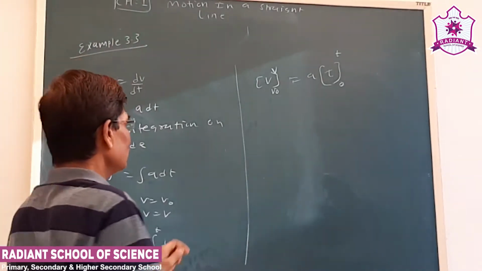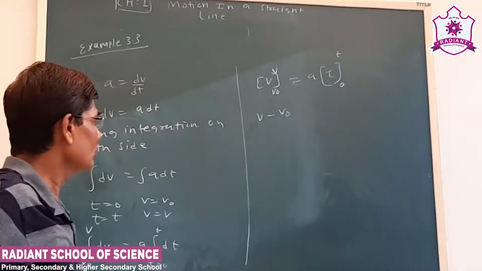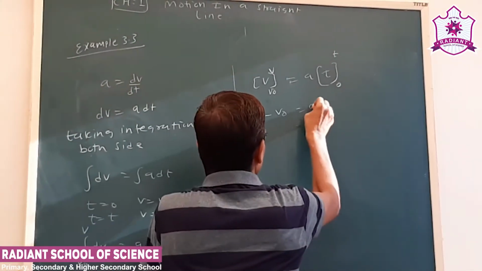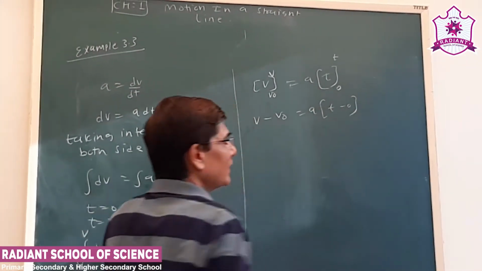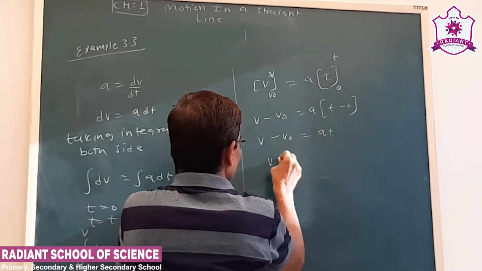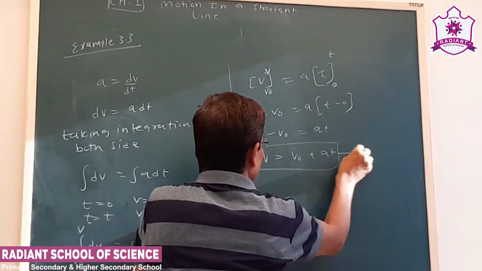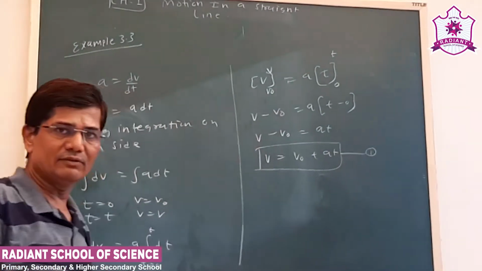Now we substitute the values, so we will get v minus v0, that is upper limit minus lower limit, is equal to a into t minus 0. So what we get is v minus v0 is at, so v is equal to v naught plus at. This is our first equation which we derived earlier.